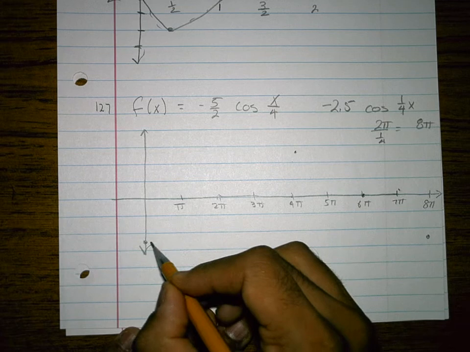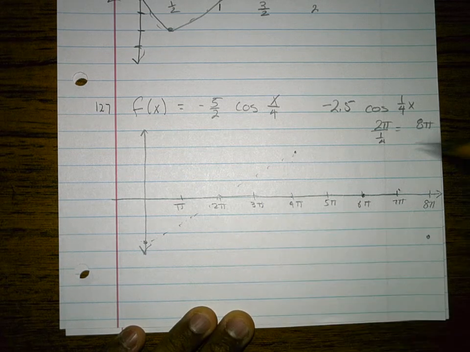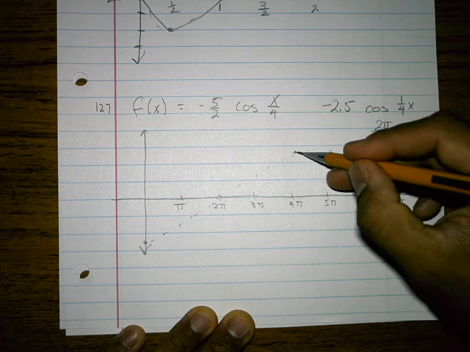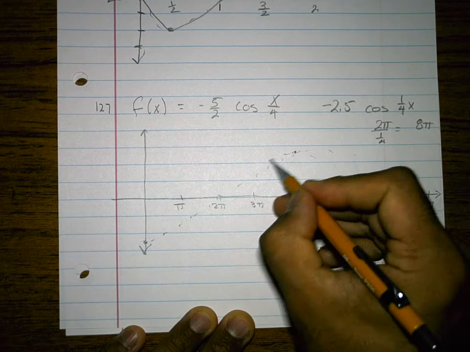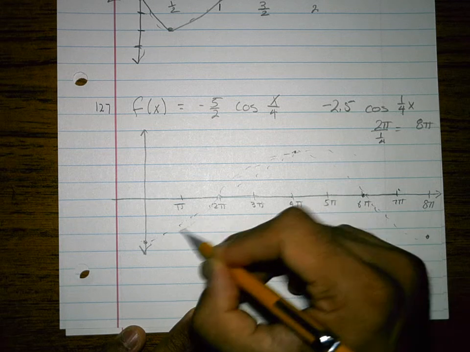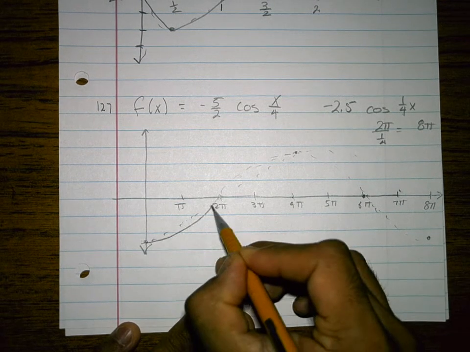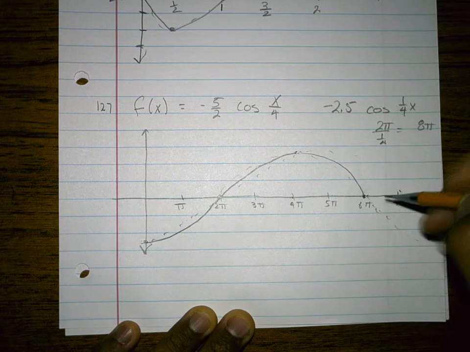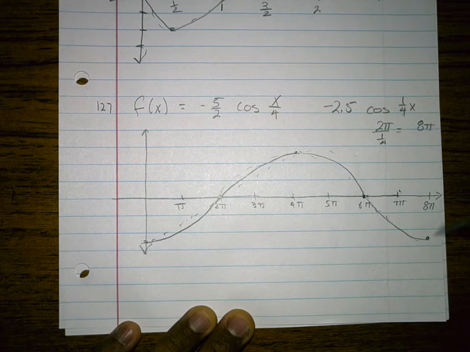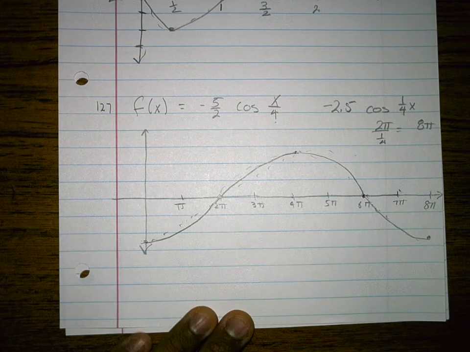I'll round that out a little better, so I dot that till I get the shape I want, then I'll trace over it. So I had a period change right here, and I had an amplitude change right there.